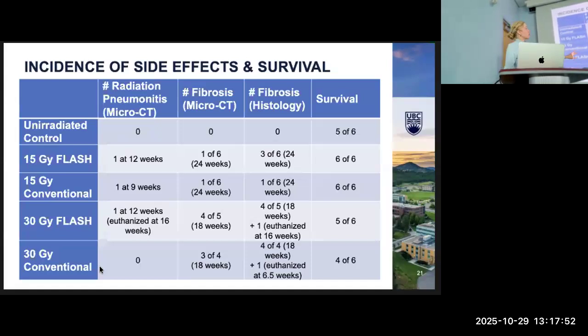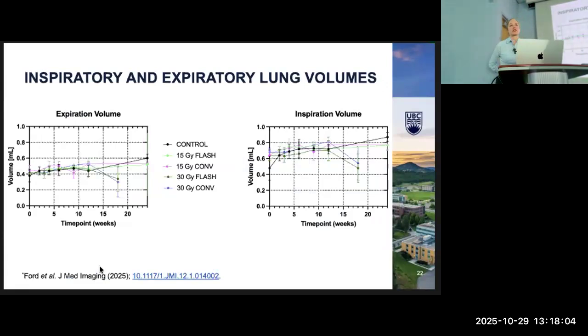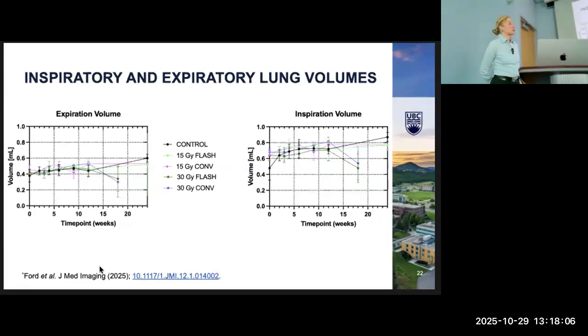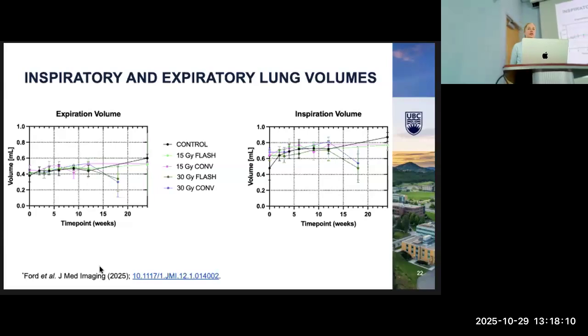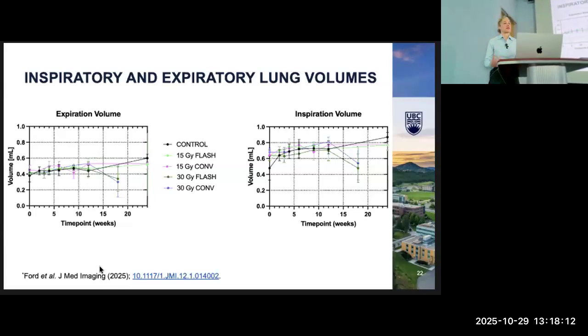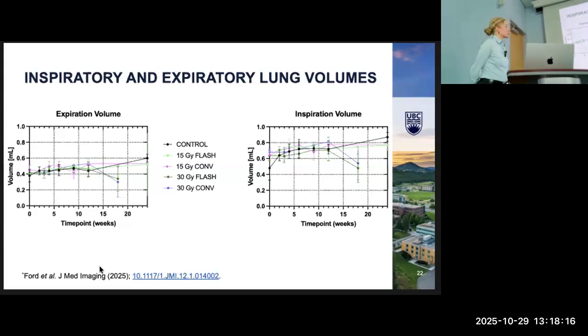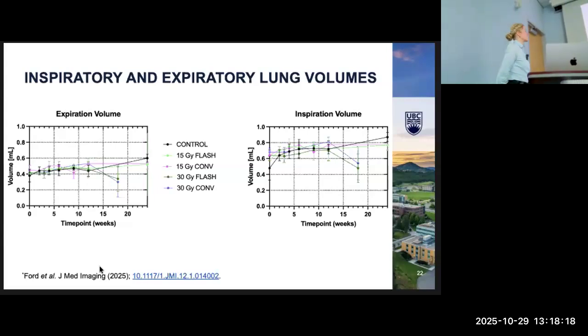We had pretty good agreement between the fibrosis on the micro-CT and the fibrosis on histology. And then we also did some quantitative analysis. Because we have 3D images, we can actually do measurements. And so we measured the volume of the lungs at inspiration and expiration, because we had a pair of images at each of these time points. And so we could measure in every mouse.